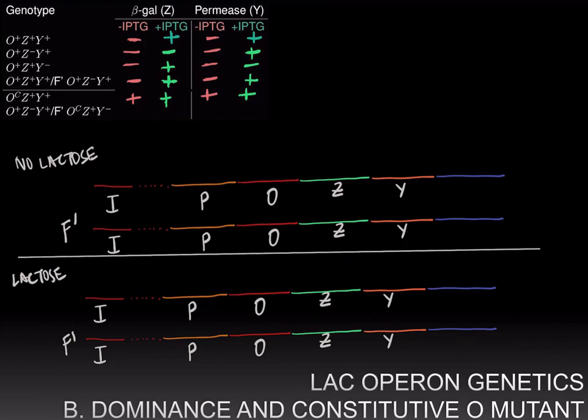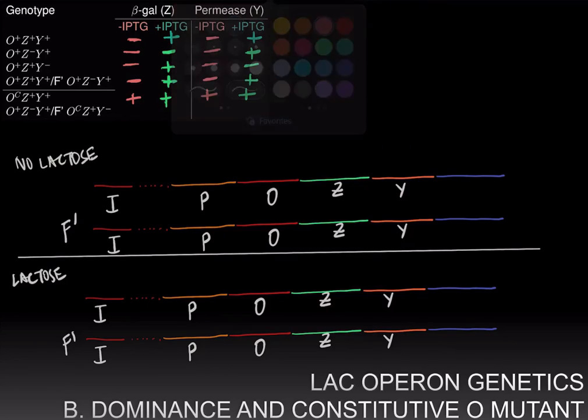Next, Jacob and Monod considered a partial diploid in which the O plus allele was paired with the Y plus allele, and the OC, the mutant operator allele, was paired with a Z plus.